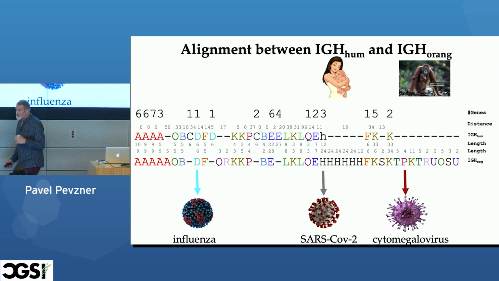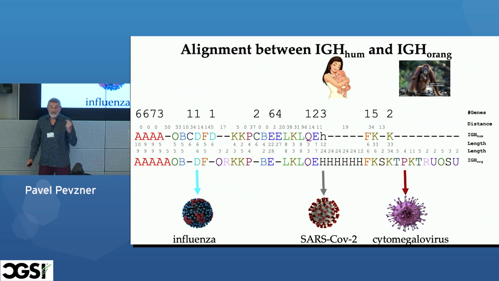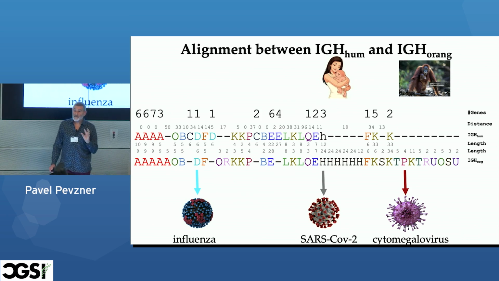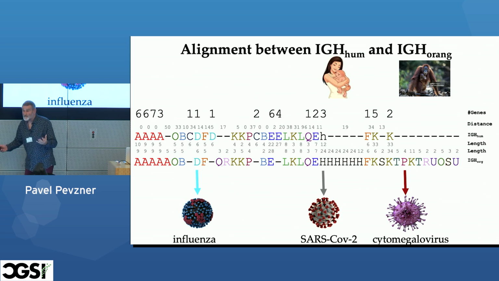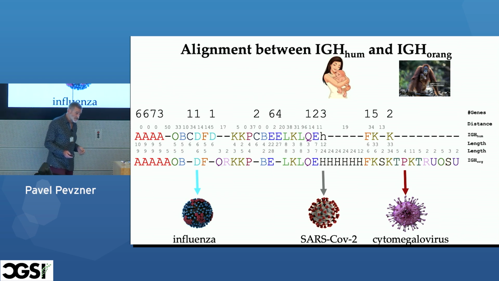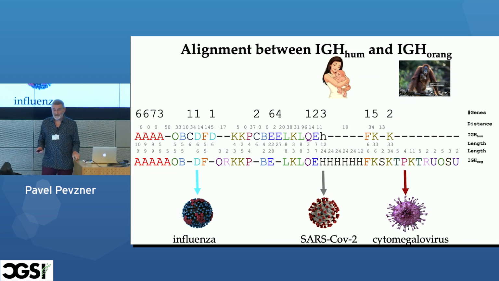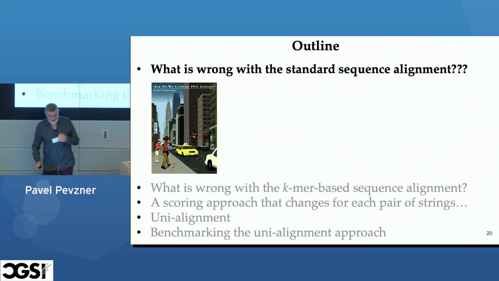And if all of a sudden we increase the expression level of certain immunity genes, it greatly affects our ability to fight viruses, and of course it affects the efficiency of vaccination. So how do we align this region?